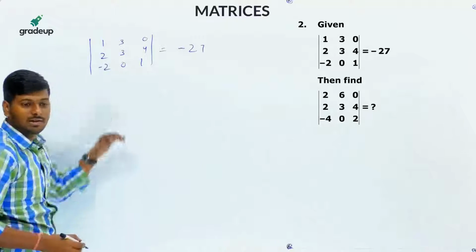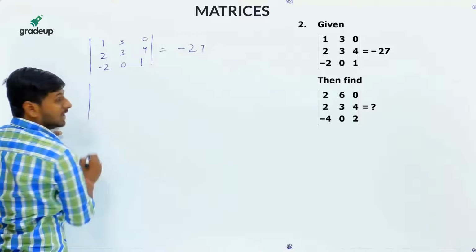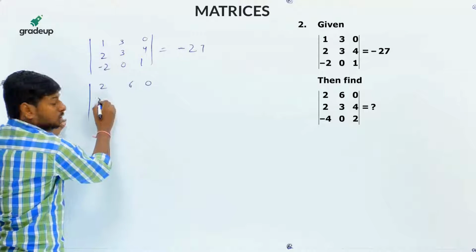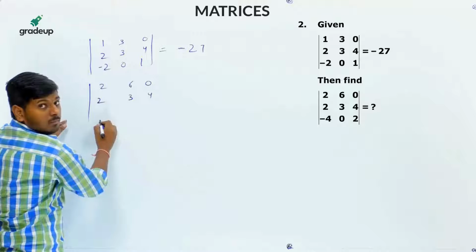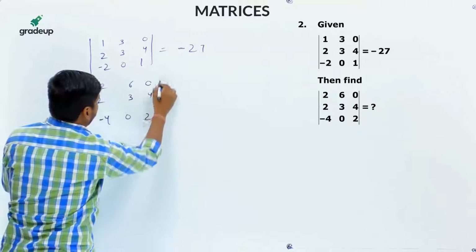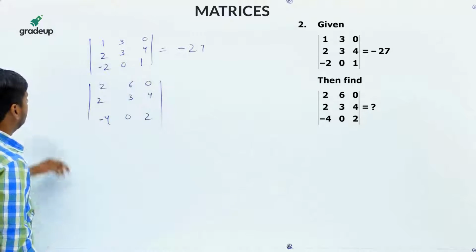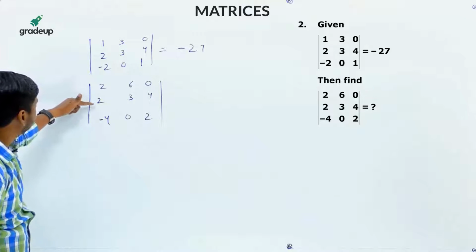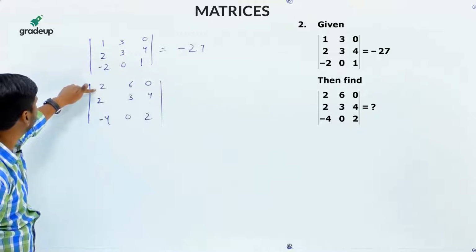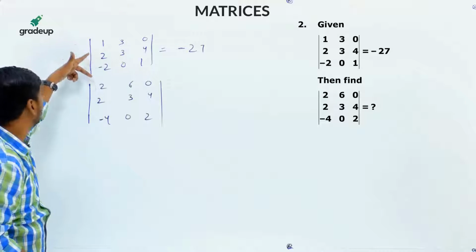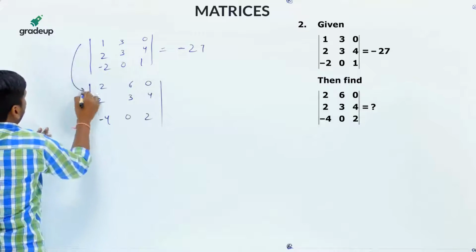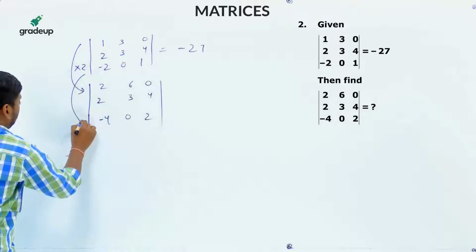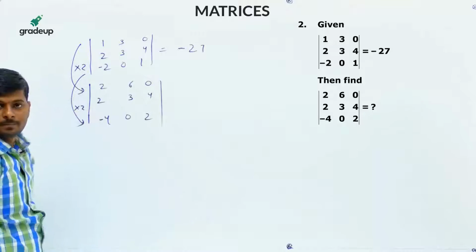Now we have to find the determinant of the second matrix, that is 2, 6, 0, 2, 3, 4, minus 4, 0, 2. So as we see, the second row is as it is, while the first row is twice of the first row here. The third row is also twice of the third row.